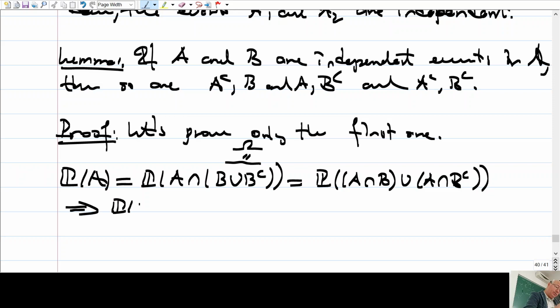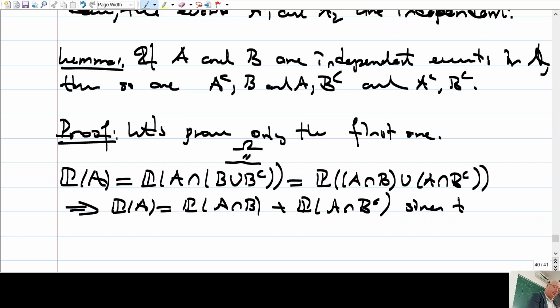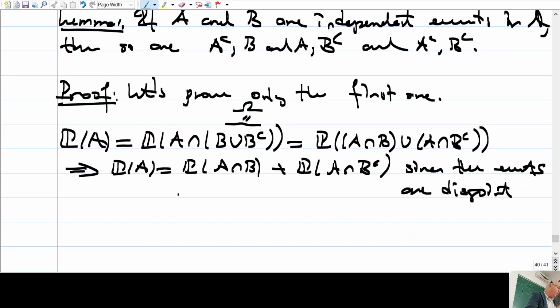And here, since they are disjoint, I can write this as the sum of the probabilities. Since they are disjoint, the events are disjoint. All right. And from this, we can write the following.